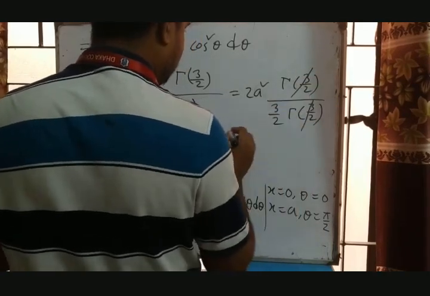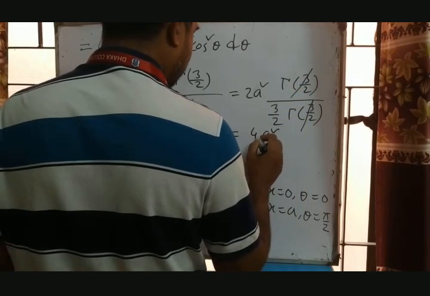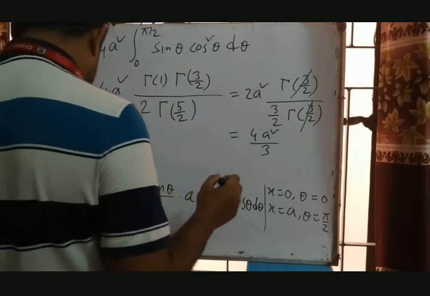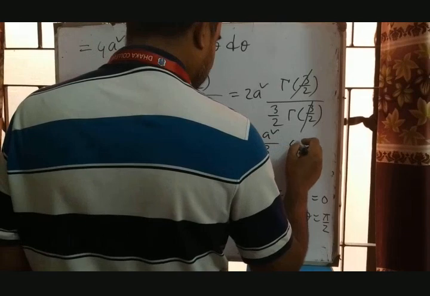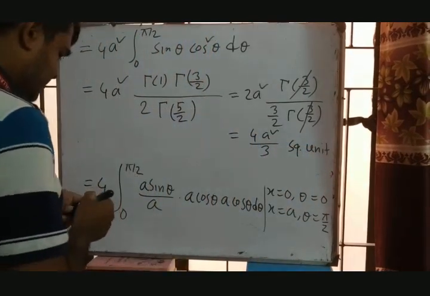Now cancel out gamma 3 by 2, we get 4a square by 3 square unit.